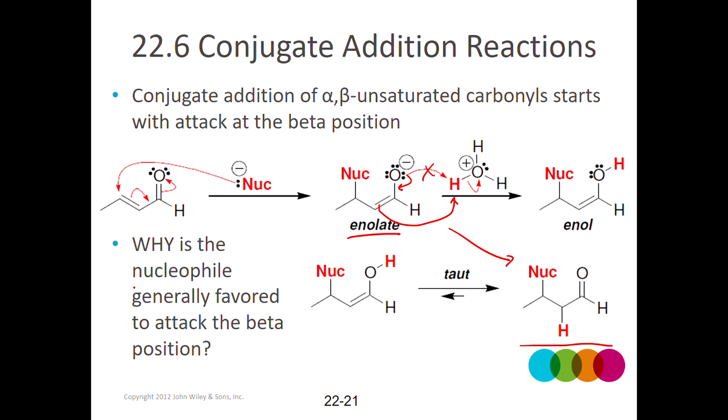Why is the nucleophile generally favored to attack the beta position? Because if the nucleophile were to attack the alpha position and push electrons up, you don't get a resonance stabilized negative charge.